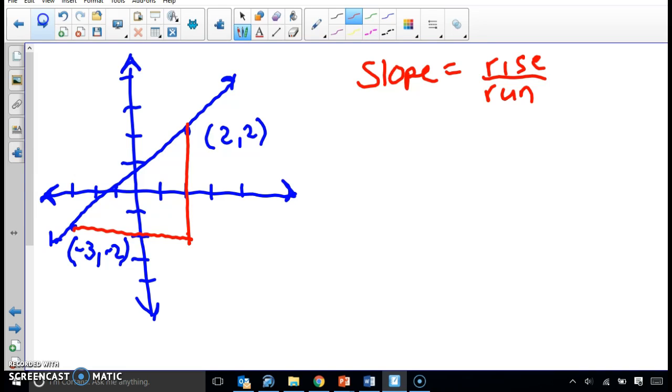So how many is that? 1, 2, 3. It's a rise of 4. And what's my run? 1, 2, 3, 4, 5. So this one, I have a rise of 4 and a run of 5. So the slope is 4 over 5. Questions on how we did that from the graph?